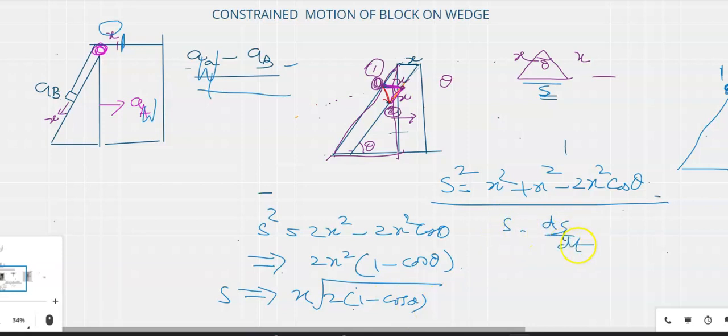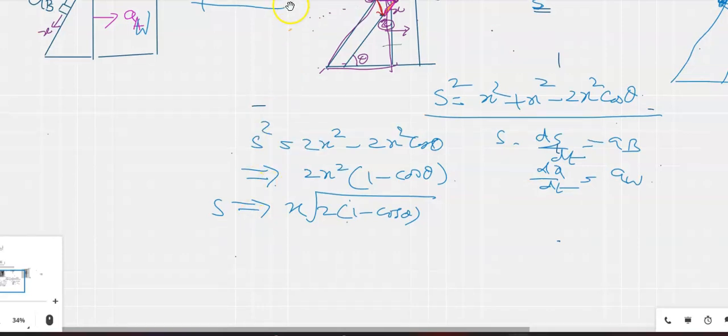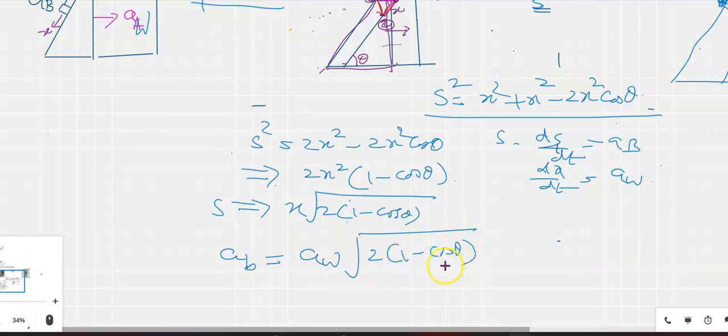So if s is the displacement, ds by dt is the block velocity, and dx by dt is the wedge velocity. So we can say that the wedge and the block accelerations are related by a of block is equal to a of wedge times the square root of 2 times (1 minus cos theta).